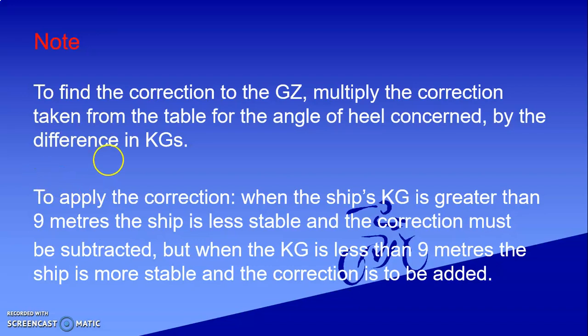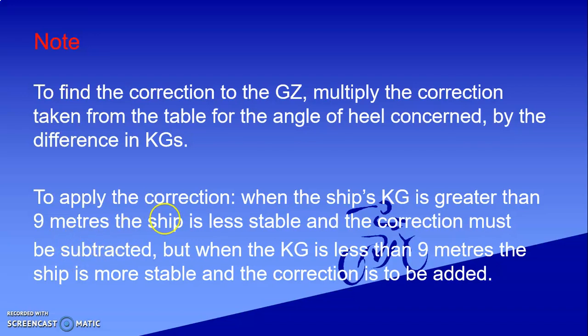When the ship's KG is greater than 9 meters, the ship is less stable, and the correction must be subtracted.